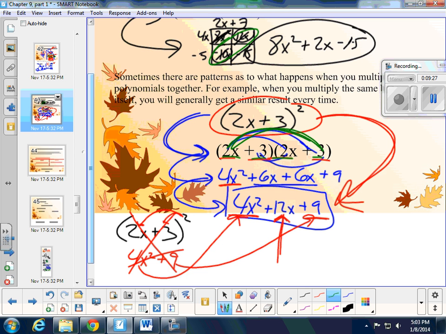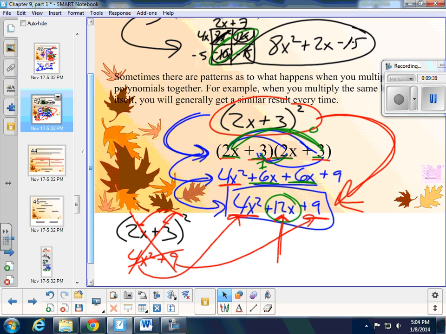Adding those together, that gave me the 12x. Whenever you're squaring a binomial, this pattern happens: 4x squared, 12x, 9, and those two in the middle term end up coming from when I take the outsides and insides and double it, same middle term. That pattern always happens.